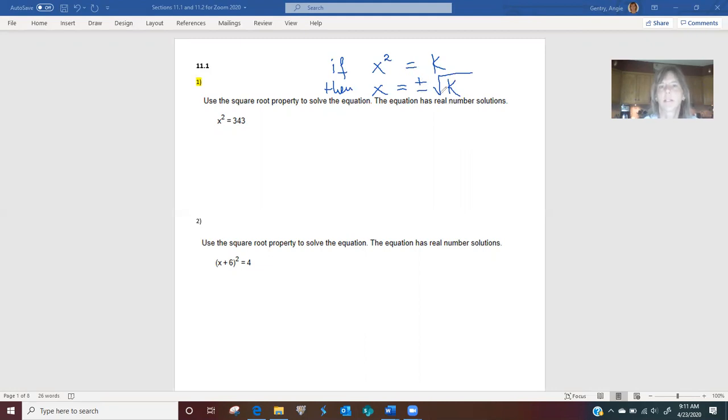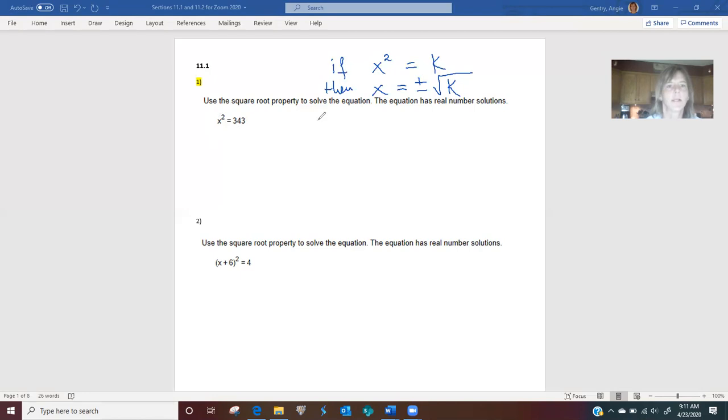You're technically just taking the square root of both sides and then the x comes out, but then you have to consider that it has to be positive and negative as well. So you can just memorize that, or I can show you how it works every single time, but let's just do a few problems.